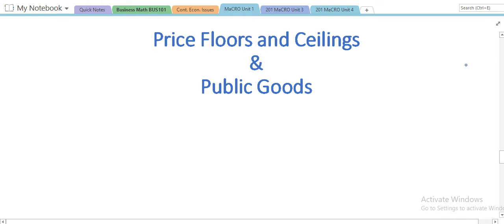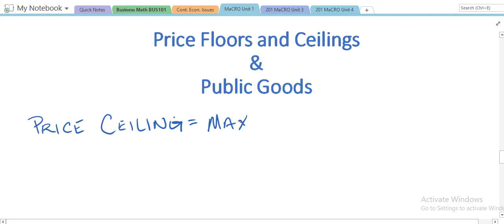Okay, so the first one we're going to look at is a price ceiling. A price ceiling is a max. It's a legal maximum price that a seller can sell a good or service.